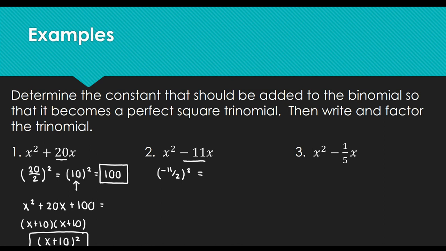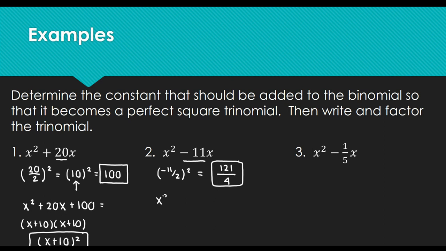Because that whole thing's being squared, the numerator is getting squared and the denominator is getting squared. So negative 11 times negative 11 turns into a positive 121, and in my denominator, 2 times 2 turns that into 4. So it's not the prettiest number, but this is my constant that's going to help create this perfect square trinomial.